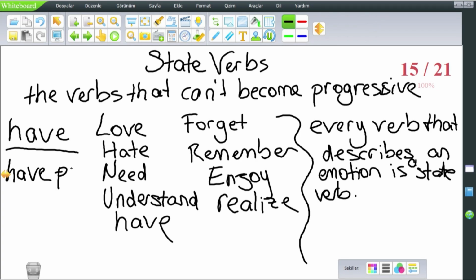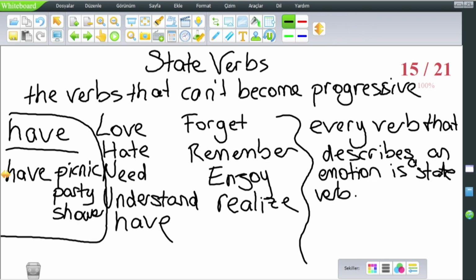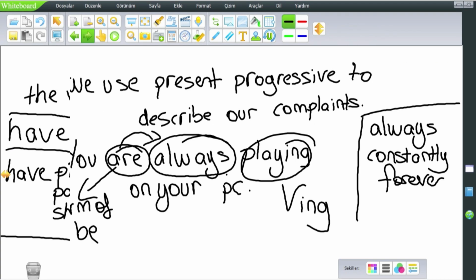For example, have picnic. We said have party, have shower. And this can get ing, which can become present progressive or any progressive. This is an important note.